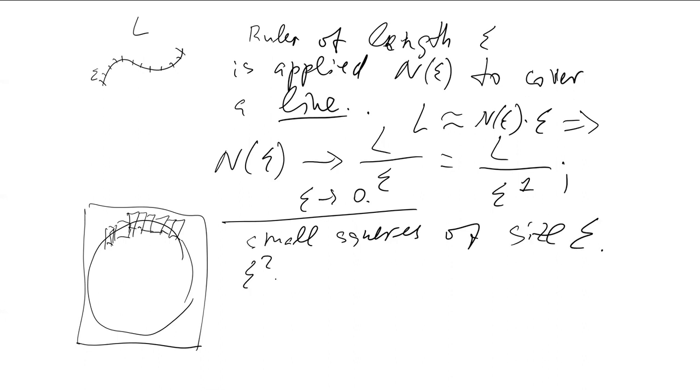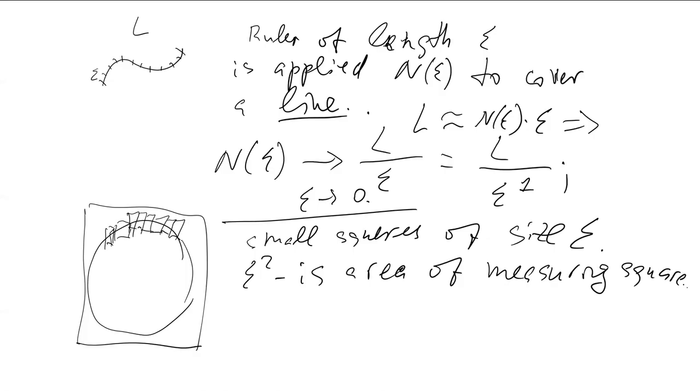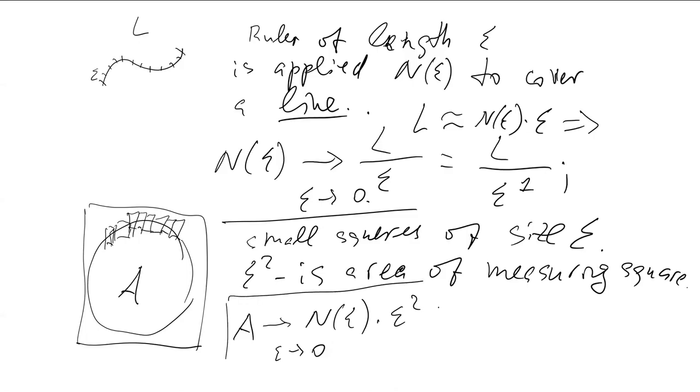So epsilon squared is the area of the measuring square. Then again, the area of our object tends to the number of measuring squares times epsilon squared when epsilon tends to 0. This is more or less intuitively clear.